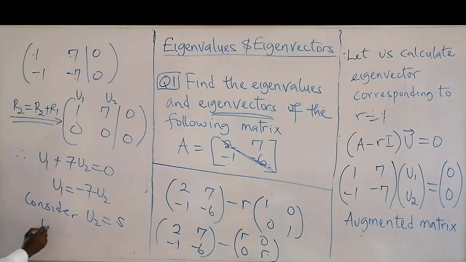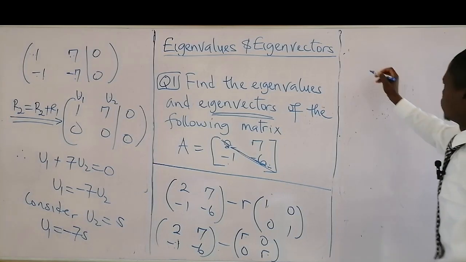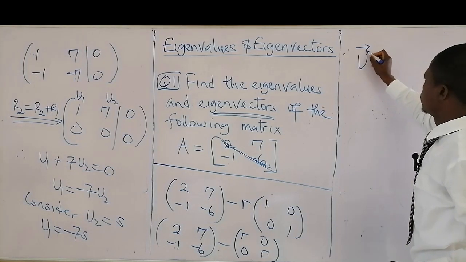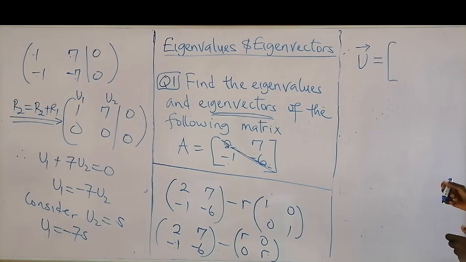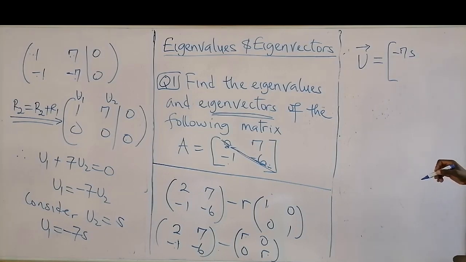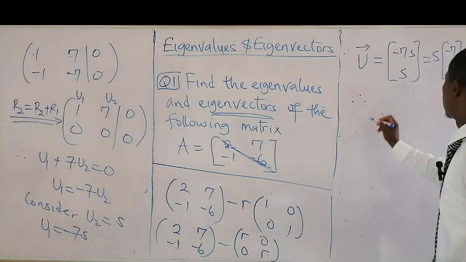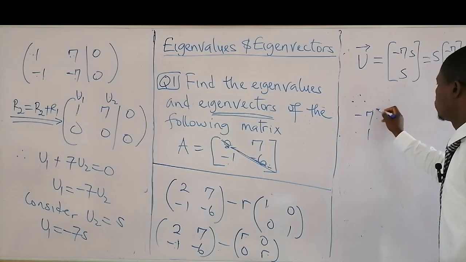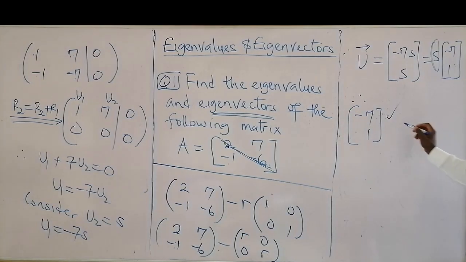So that means u1 is minus 7x. So therefore the eigenvector is, my u1 is minus 7x, my u2 is x. You can factorize this one, take x outside, and that's minus 7, 1.